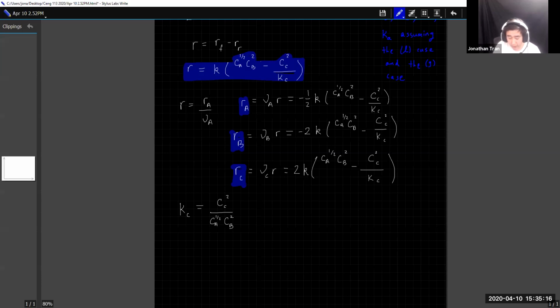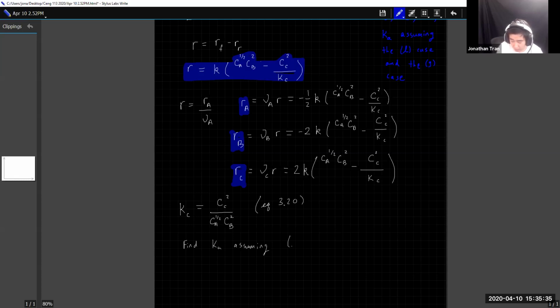Again, that comes from equation 3.20, the general form. And then the final step is to find Ka, assuming liquid and then assuming gas.